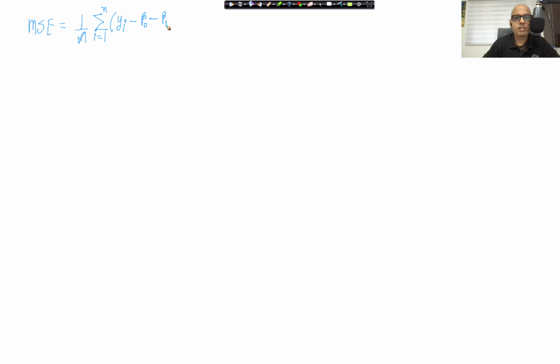So that's the equation that we had written in the beginning. This represents the actual values, predicted values, and then we square these.